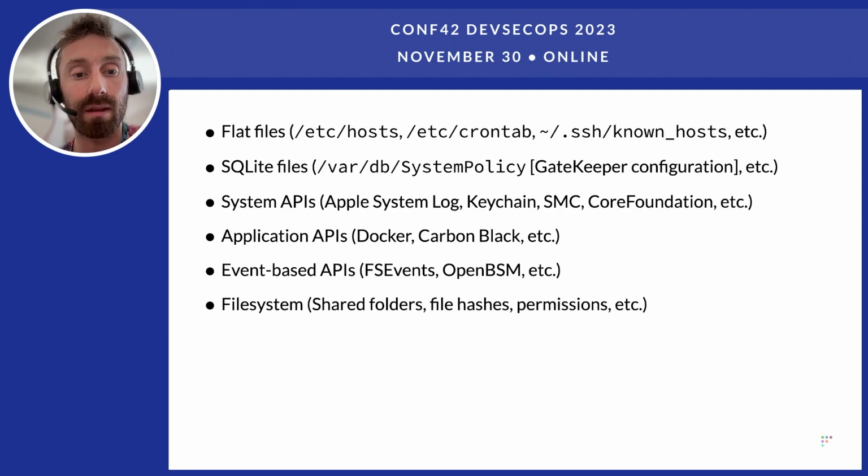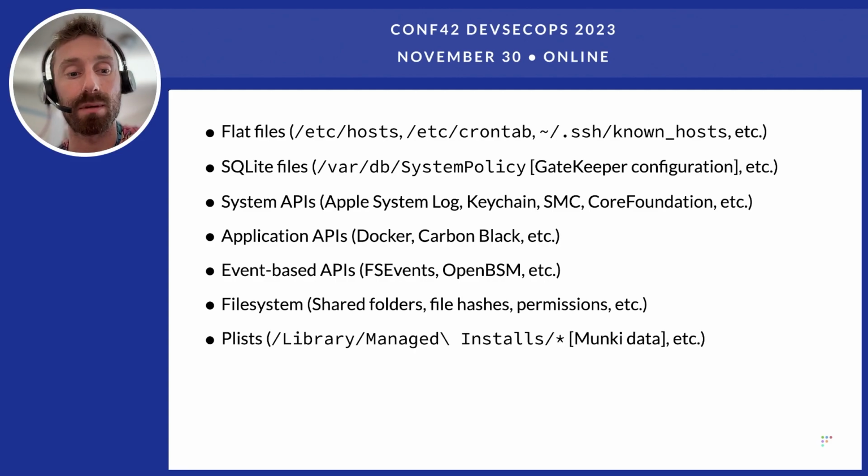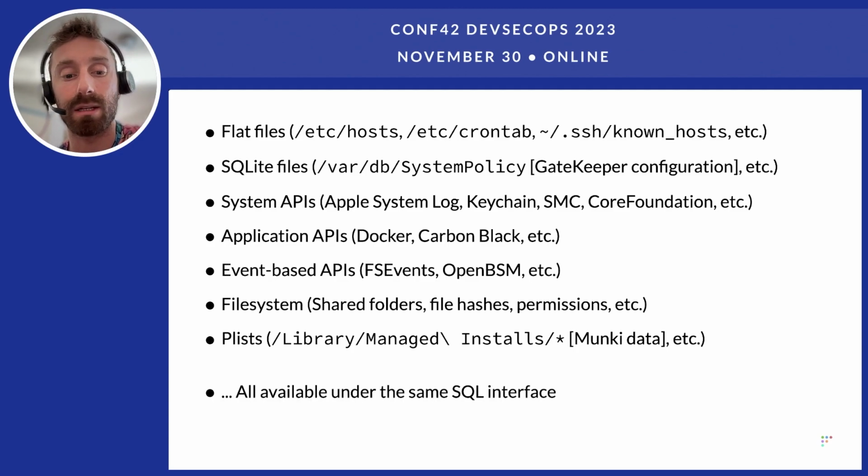And then there's a lot of data we might get just as metadata from the file system, such as information about shared folders, hashes of files, and the permissions set on files. These can all be interesting and relevant pieces of information to have from a security perspective. And then there are more specific file formats such as plists on macOS, which are a combination of XML and binary. Again, it's just a nice way to abstract all of those. These are all abstracted under that same SQL interface.